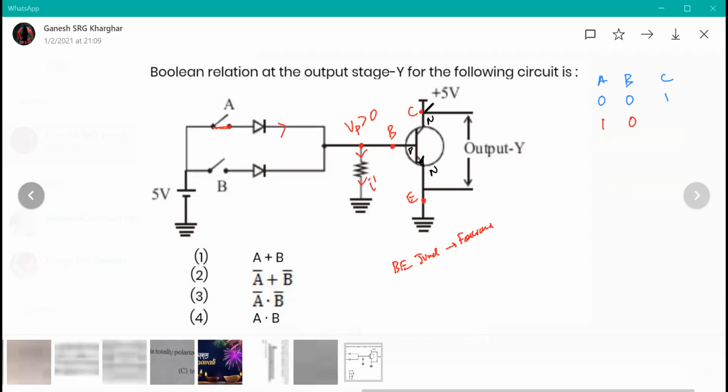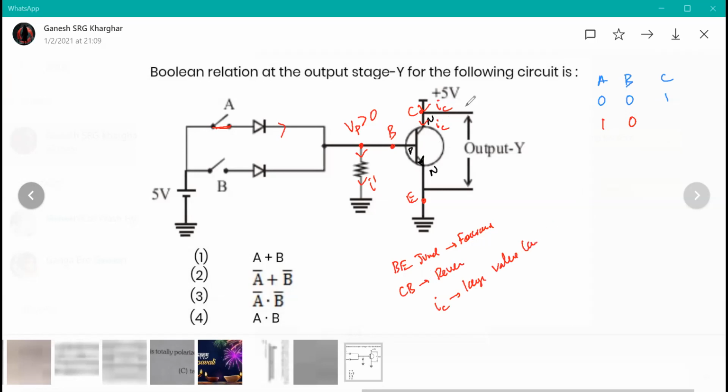Okay. And you can see the voltage of the point C will be nearly 5 volts. The voltage of this point will be this. So the collector base junction is going to be reverse biased. Okay. So there will be a strong collector current going through like this. So IC will be a large value current.